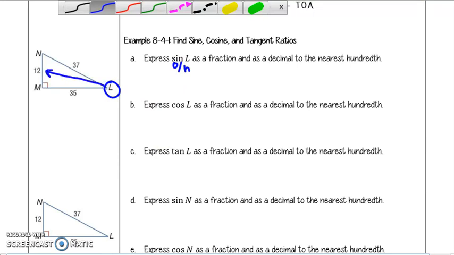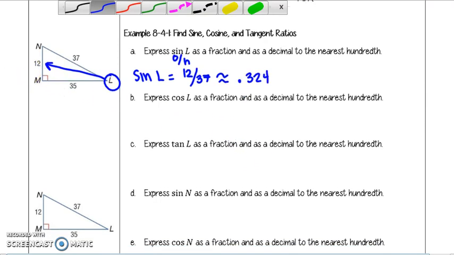Opposite is 12, hypotenuse is 37. So sine L is approximately, if we type that into our calculator, 0.324.